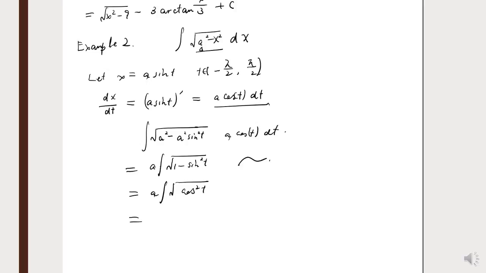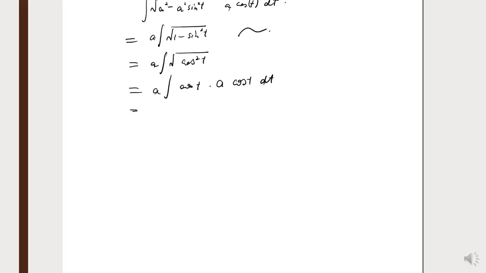And further, we can put a cosine t out. So we already got rid of the thing we hate the most, the square root operation. Let's add the other things back here. So A cosine t dt, and further, now we can put this A out. So A squared here, we have cosine squared t and dt.